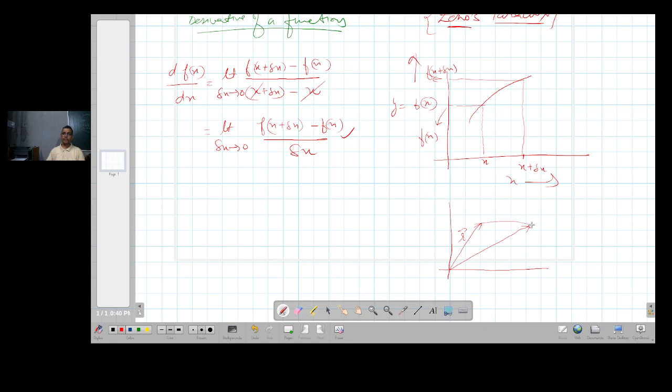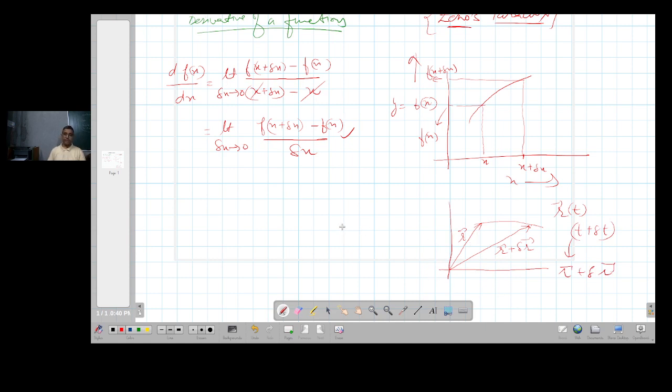Say the position vector changes from r to r plus delta r: the position vector is r at time t, and after some time, meaning t plus delta t, its position will be r plus delta r.